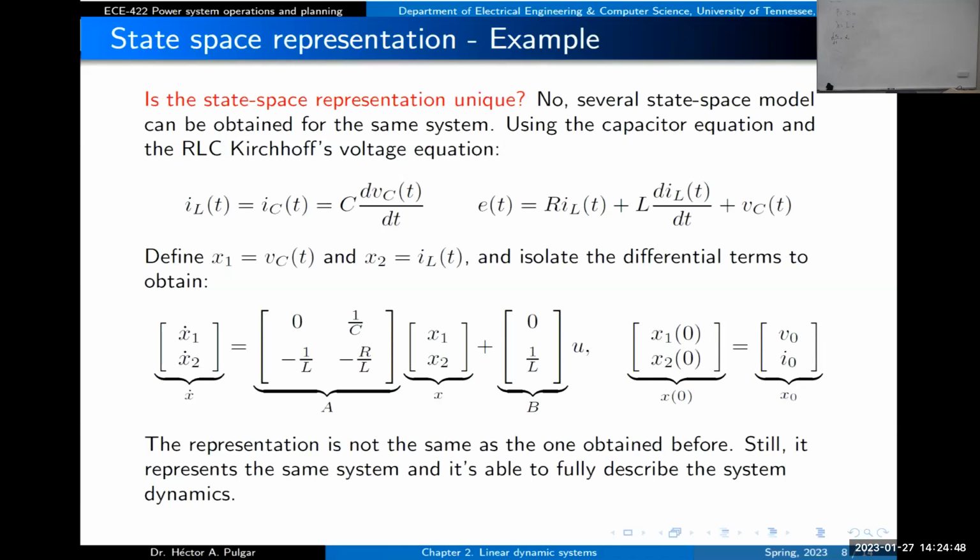Okay, so if we use this as the definition of the state variable, then we can obtain the representation for these two equations.